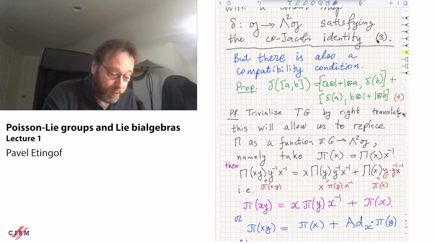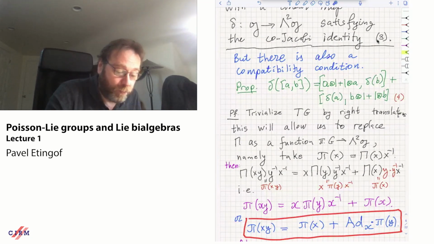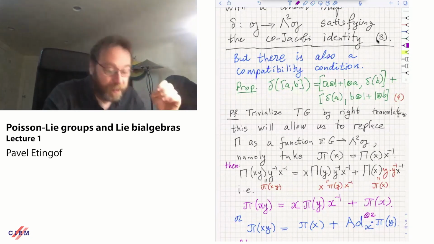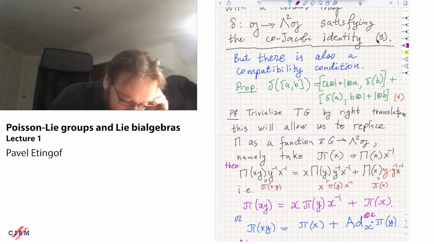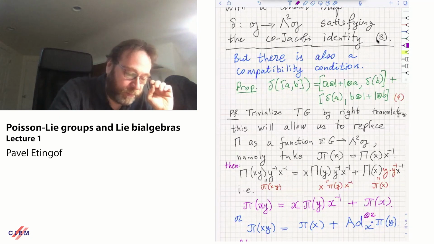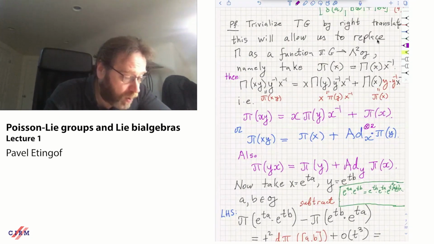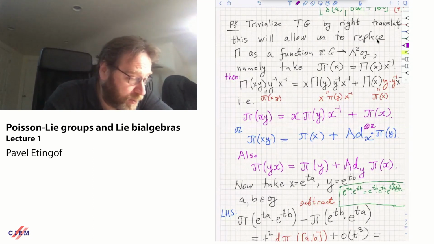And so we obtain this equation. Or more precisely, I should say adjoint x tensor square, because it acts on the wedge 2 of the tangent bundle of the Lie algebra. But I will drop that square and write it just in this way. And now, how can I obtain the delta of the commutator?